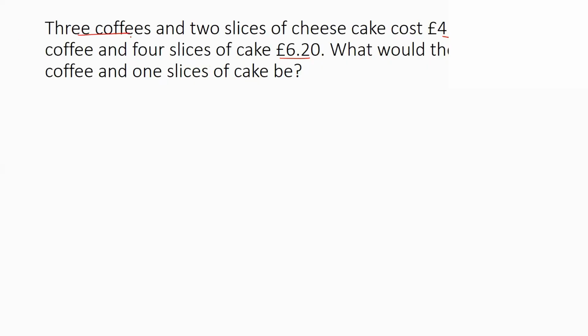So here 3 coffees, and also in order to make it a bit more challenging, they will be using numbers in the words rather than just 3 on its own. So instead of coffee, I'm just going to use a letter C, and for cake, I'm going to use a K, or you can use X and Y, any letters from A to Z.